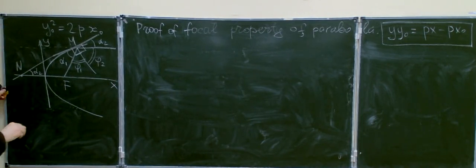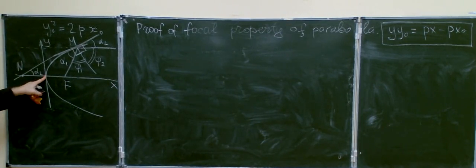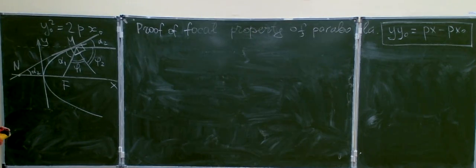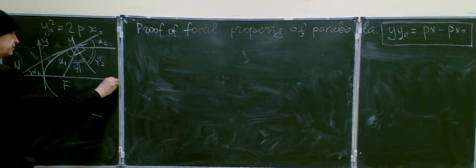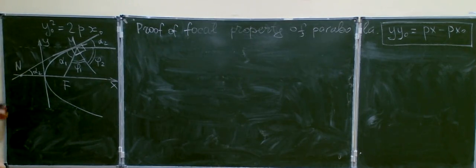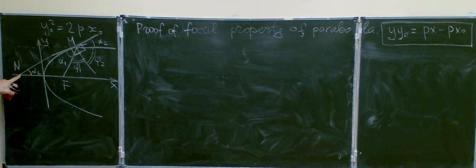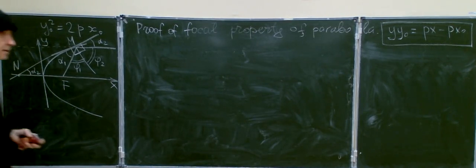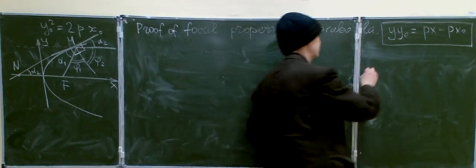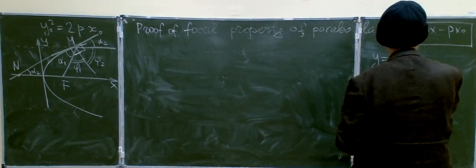And the vertical axis goes through the vertex of our parabola, and it is perpendicular to the horizontal axis. So let's find the coordinate of N. Since it is placed on the horizontal axis of our coordinate system, its y coordinate is equal to 0.